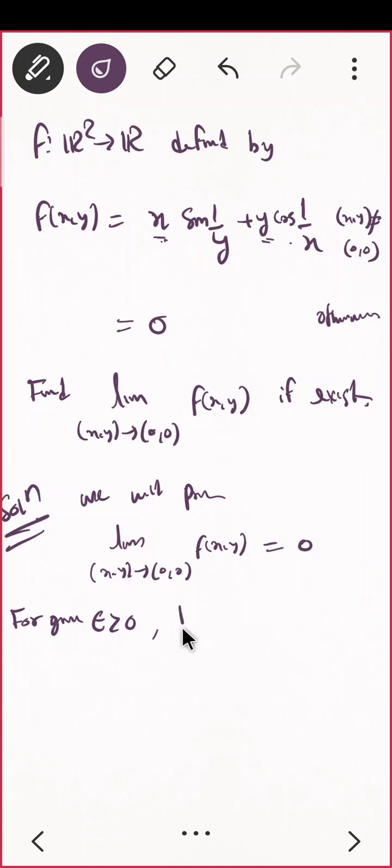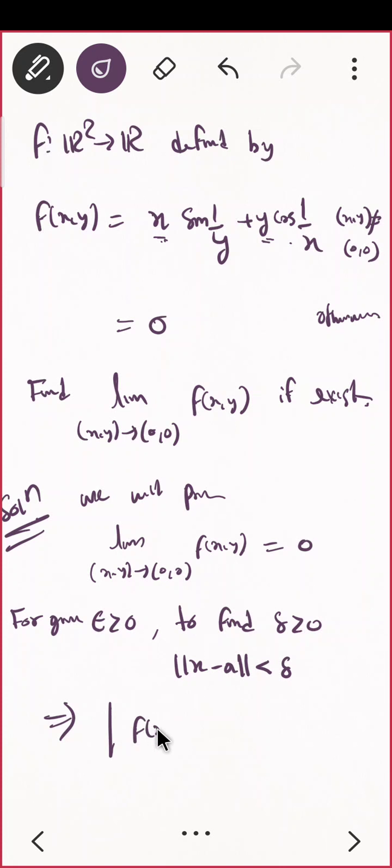So I should write: to find delta positive satisfying what condition? Norm of x minus a must be less than delta. But what is your a? Your a is 0 here. I hope that is okay to you. So that is the same as norm of x minus a. I'll just finish the definition. You should have |f(x, y) minus 0| less than epsilon, correct?